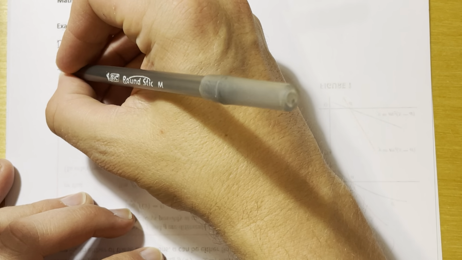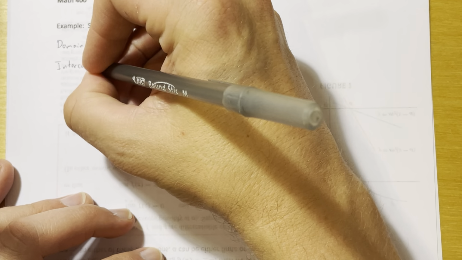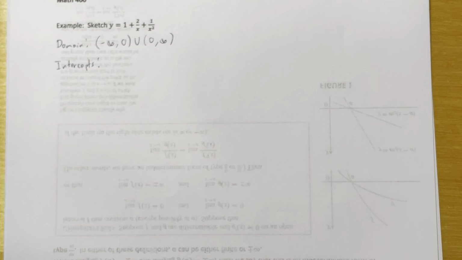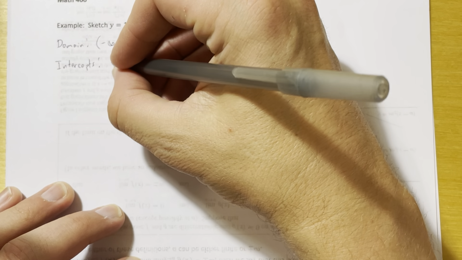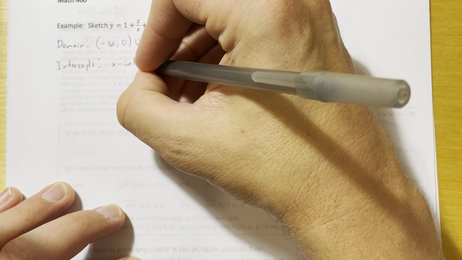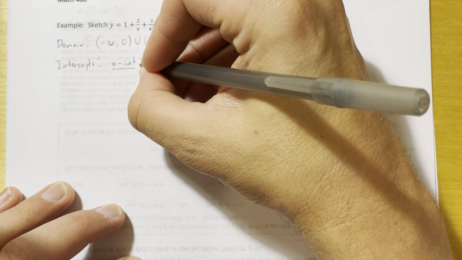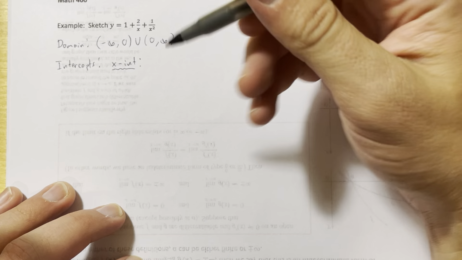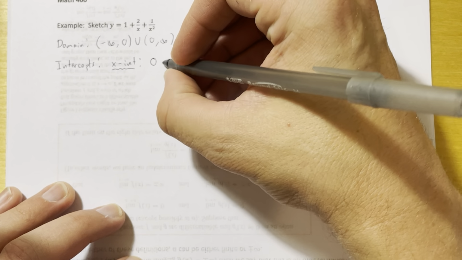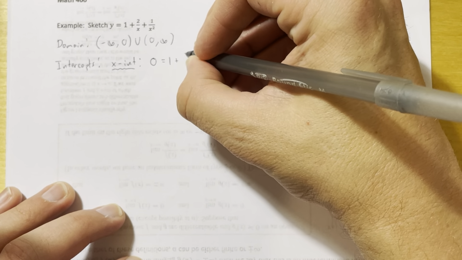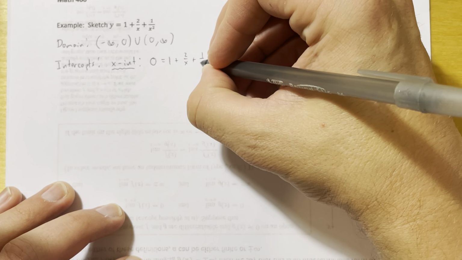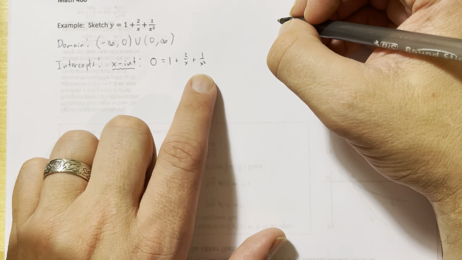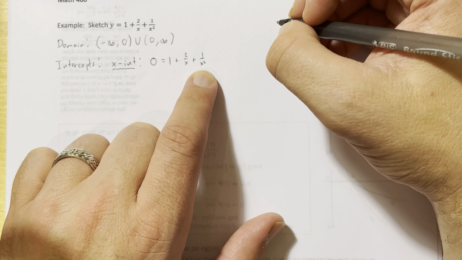Let's look at intercepts now. How do you find x-intercepts? What you do is you set y equal to 0, and then you solve for x. So that would mean I'm looking at 0 equals 1 plus 2 over x plus 1 over x squared. Now I'm going to multiply both sides of this by my least common denominator, which is x squared.